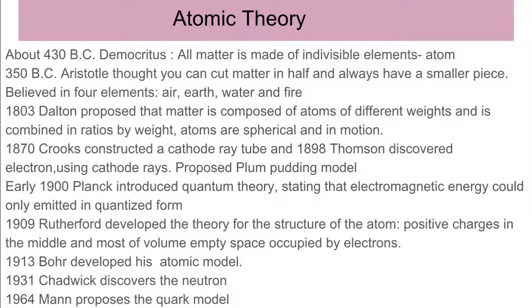In 1870, Crookes, a physicist, constructed a cathode ray tube, and in 1898, Thomson, using the cathode rays, discovered a negatively charged particle.